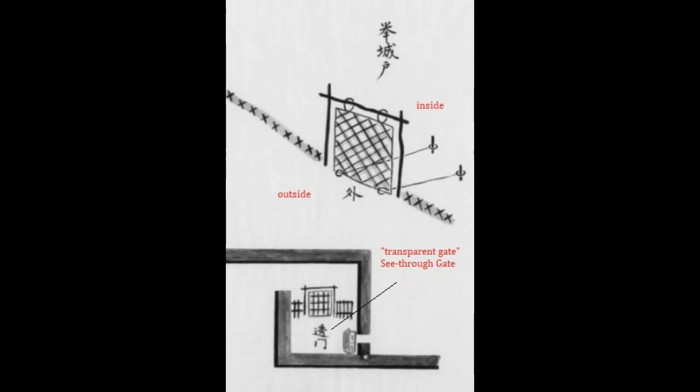Now we just looked at massive, thick fortified doors with proper hinges, and they swing open sideways, like doors we're used to. But now we have a transparent gate, or a see-through gate, and this is a minor gate.